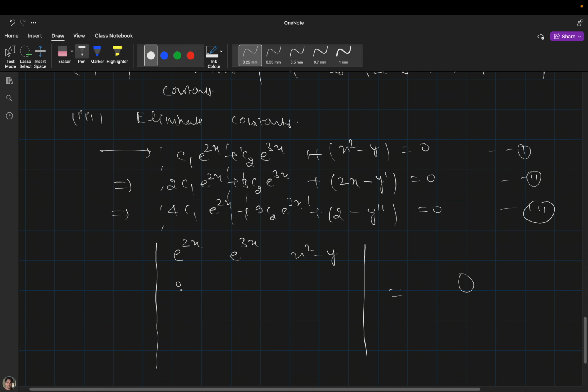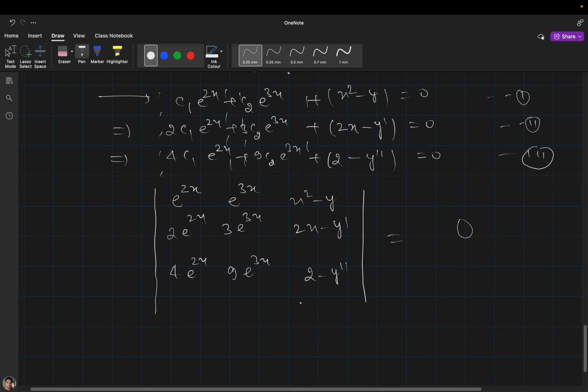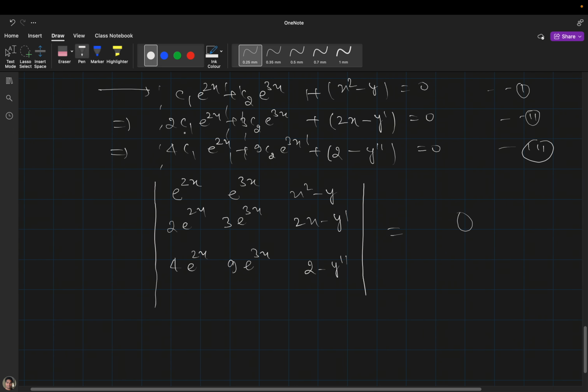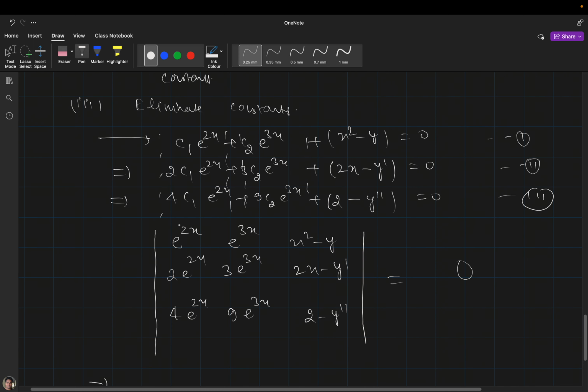This is 2 e raised to the power 2x, this is 3 e raised to the power 3x, this is 2x minus y dash, and this is 4 e raised to the power 2x, this is 9 e raised to the power 3x, and this is 2 minus y double dash. So you can see that you have eliminated c1 and c2, and after solving this determinant, the result will be your differential equation.